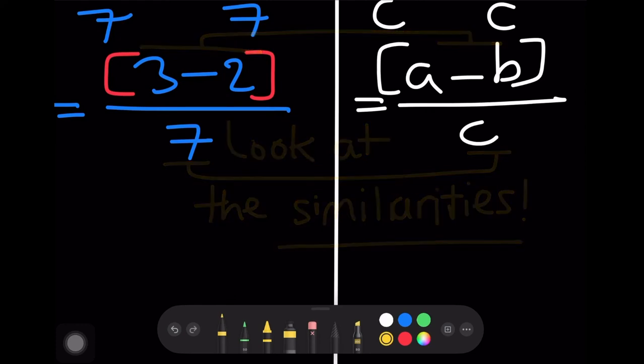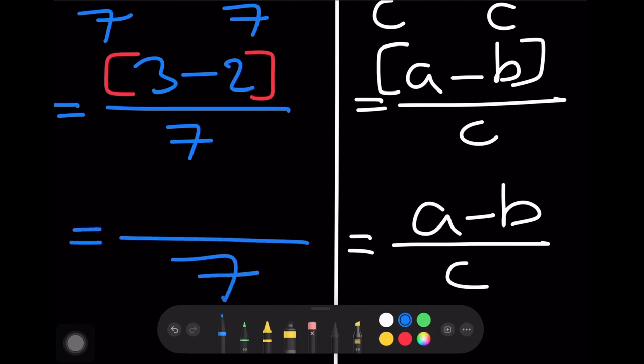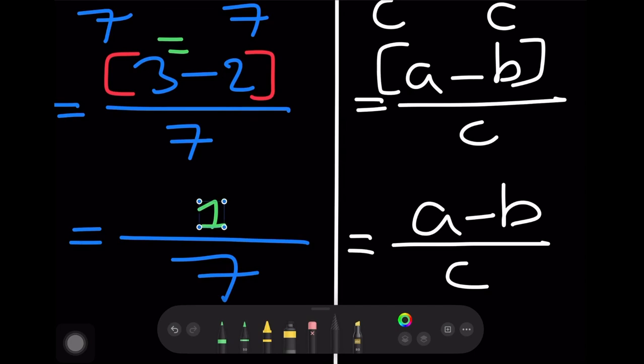They are very similar. So to put this in the next step in the formula section, the answer is going to be a minus b over c, but for the number side, the question, it'll be showing here 1 over 7 because 3 minus 2 is equal to 1. So I'm going to take that and put it here. This is our answer. This should be correct.